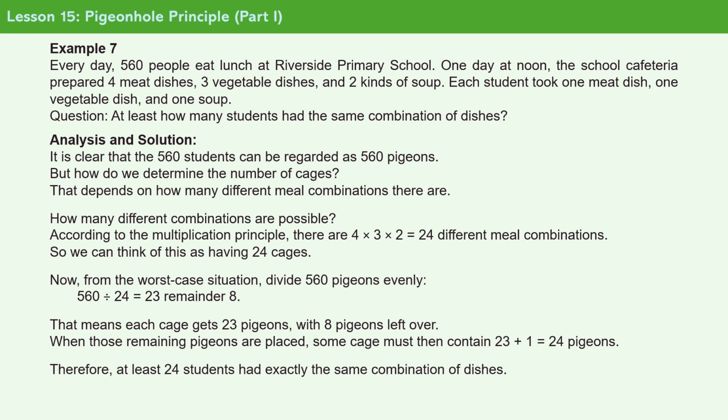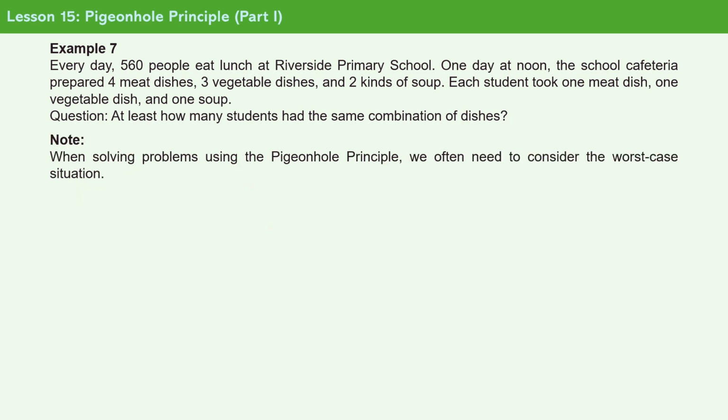That means each cage gets 23 pigeons, with 8 pigeons left over. When those remaining pigeons are placed, some cage must then contain 24 pigeons. Therefore, at least 24 students had exactly the same combination of dishes. When solving problems using the pigeonhole principle, we often need to consider the worst-case situation.